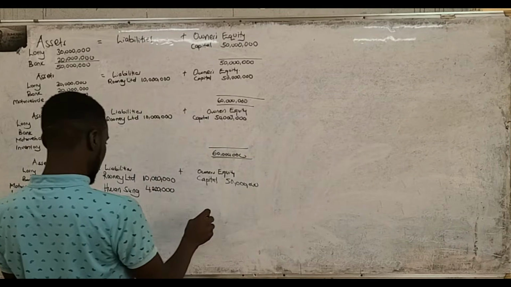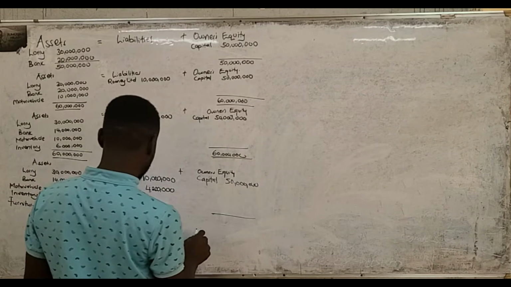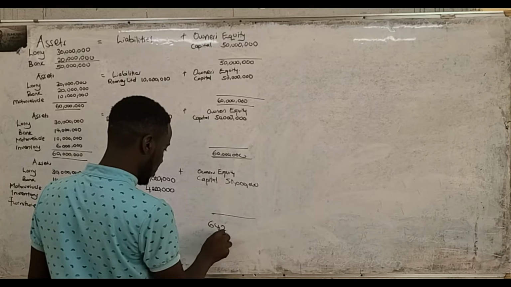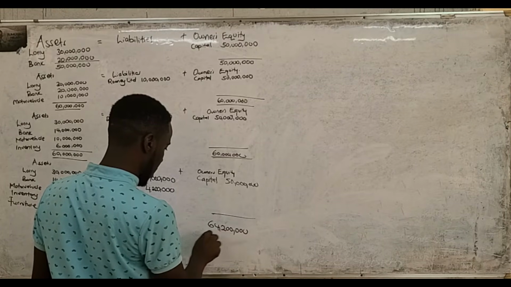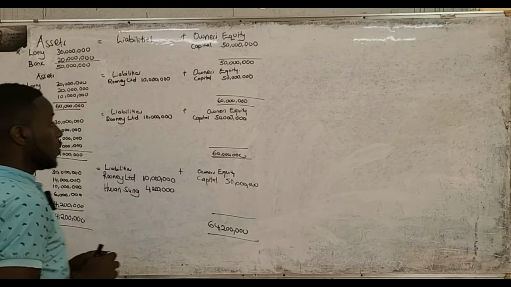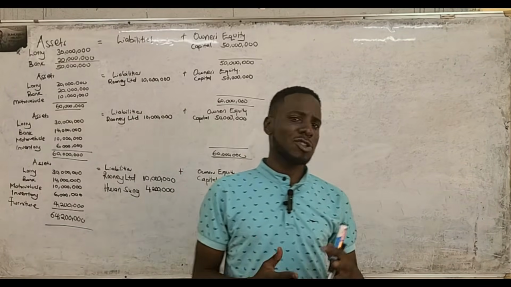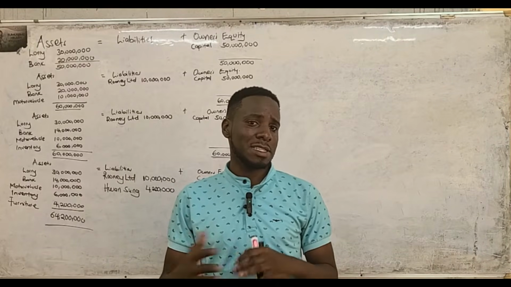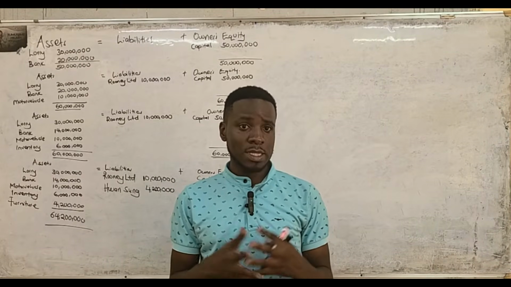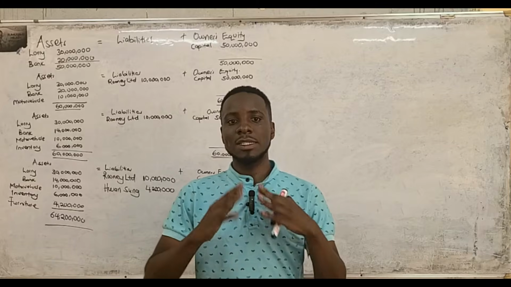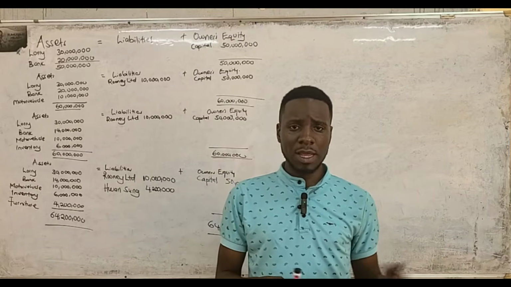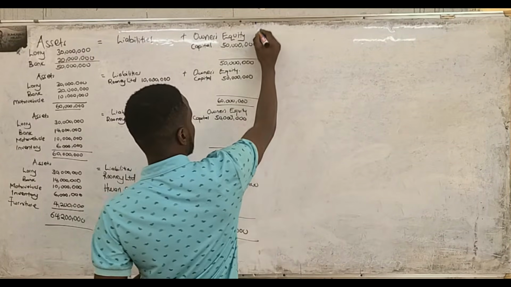So on balancing this off, still we are going to get our 64,200,000. So we are also done with that transaction. So you see, it's all about knowing which transaction falls in which part and how does it affect that part. So that's how we're going to be doing the accounting equation. It is very, very easy. So let me come this side and I continue.